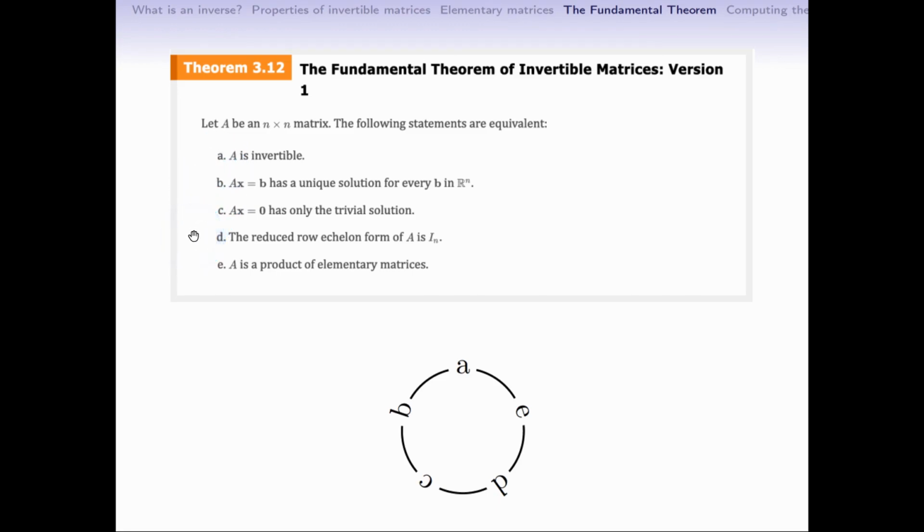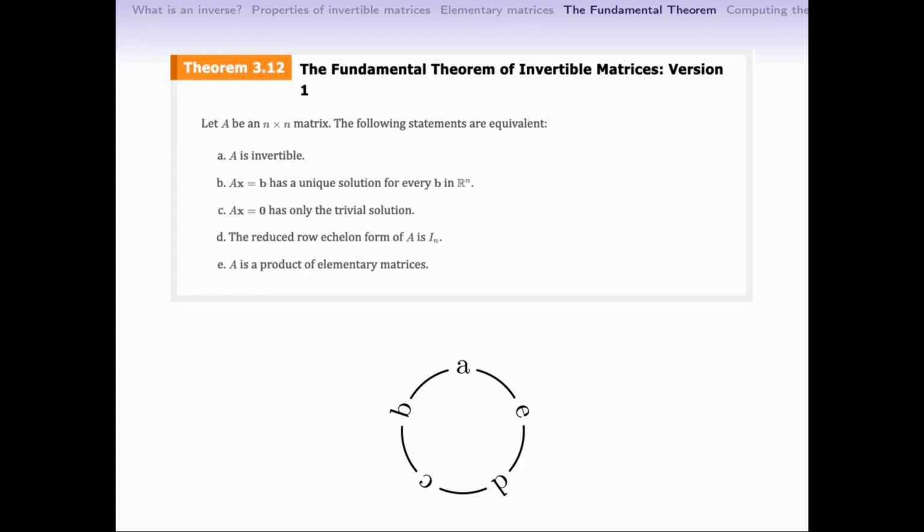B, the system of equations AX equals B has a unique solution for every column vector B in Rn. Statement C, the homogeneous equation AX equals 0 has only the trivial solution. Statement D, the reduced row echelon form of A is the identity matrix. And finally, statement E, A is a product of elementary matrices.